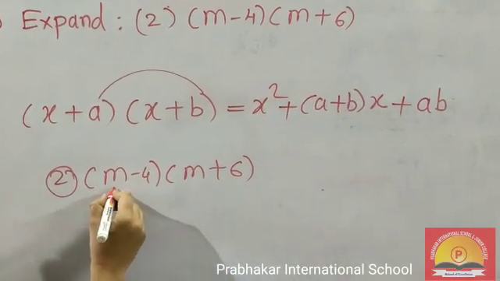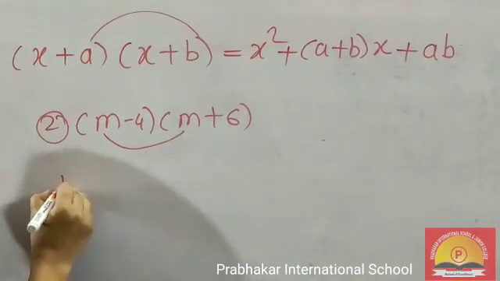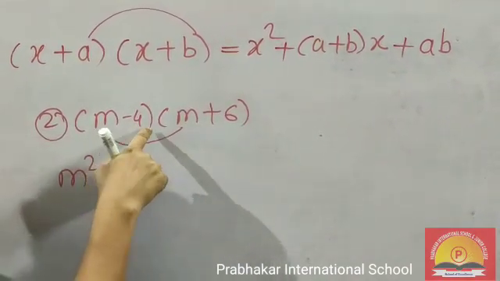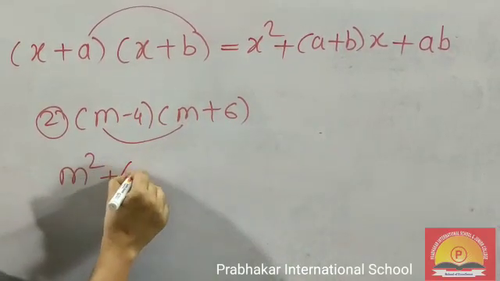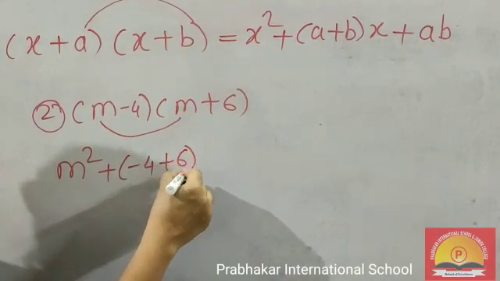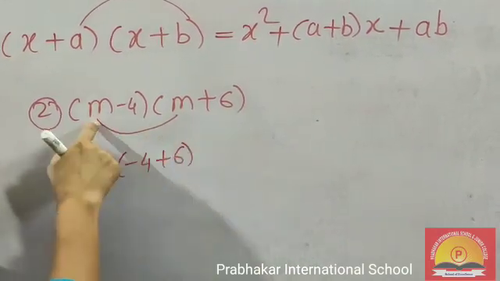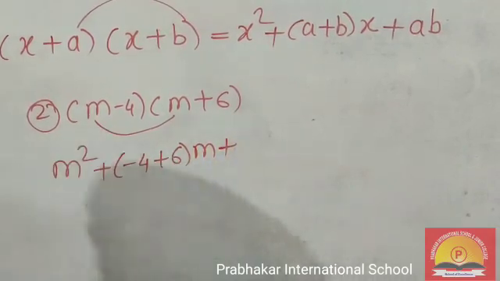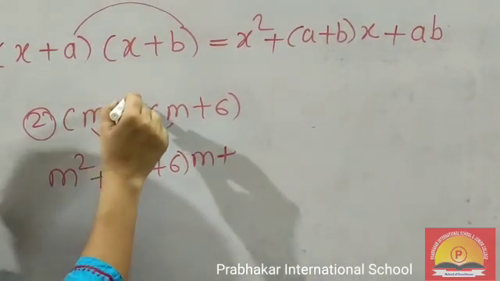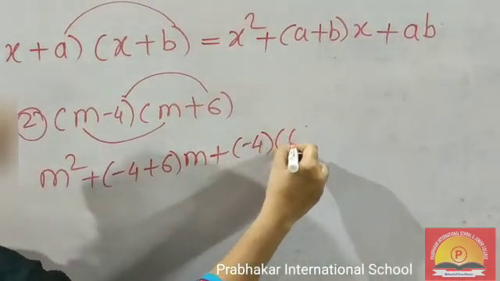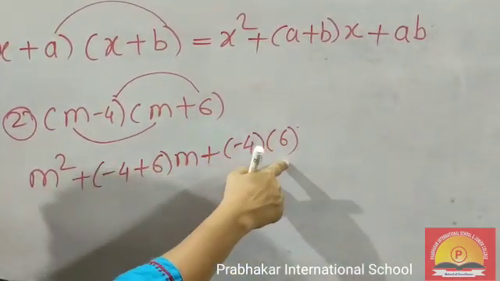We are taking the square of the common term, m into m, it will come m square, plus, now the sum of these two terms, so minus 4, the big sign you have to take, minus 4 plus 6, and multiply it by the common term. Common term is what? M. Then again plus sign and multiplication of uncommon terms, minus 4 into plus 6.